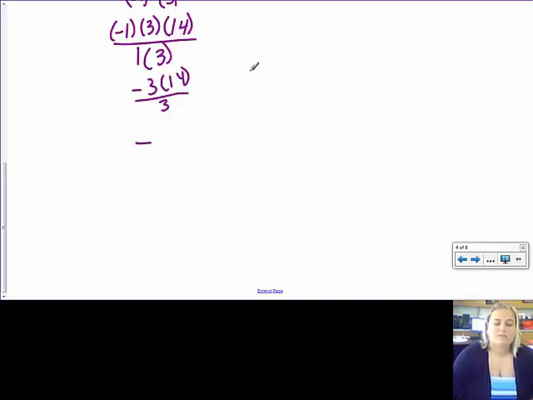And then 3 times 14 is going to give me 42. And then 3 is on the bottom. When I divide this, I get negative, because negative divided by a positive is a negative 14. You could have also seen that 3's will cancel here. Same thing.